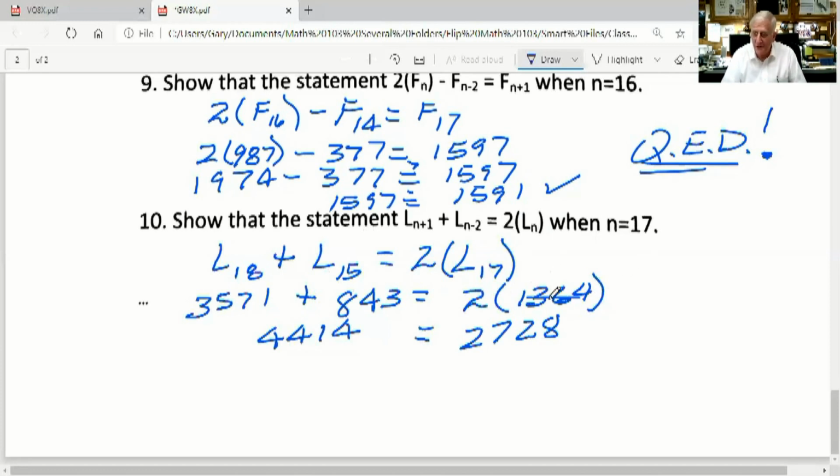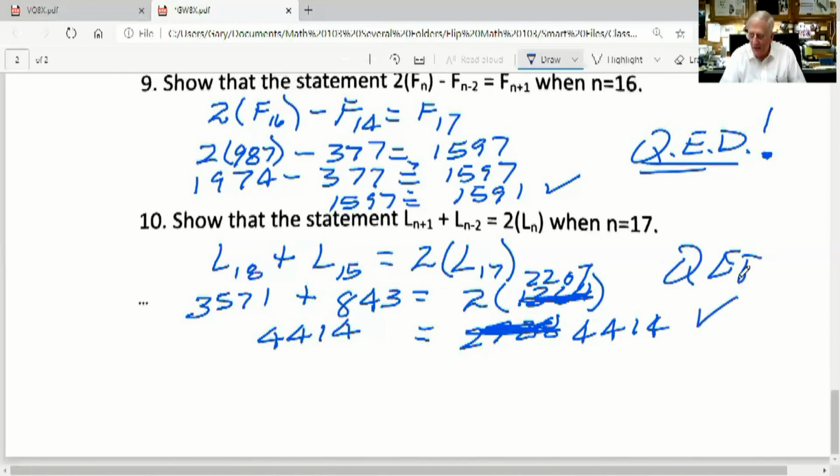It is 2207. So now, if I double 2207, you can see I'm going to get 4414, right? So this finally checked out. QED, we've done enough to show it. Now, even your math teachers screw up every now and then.